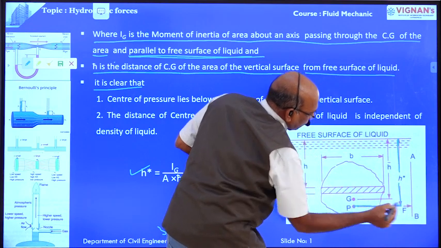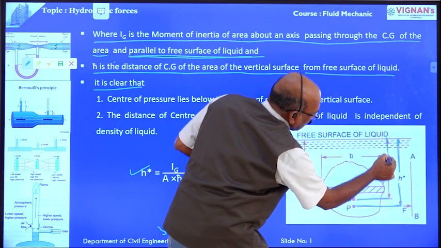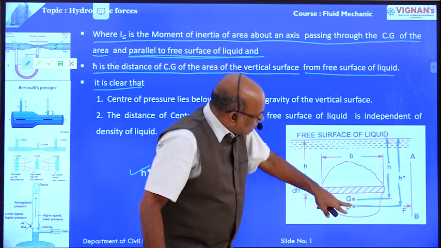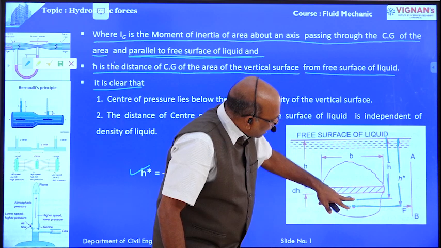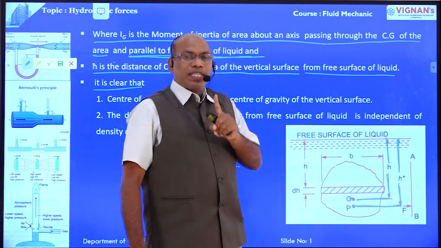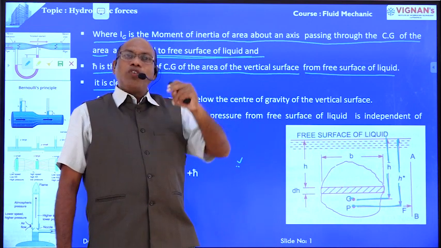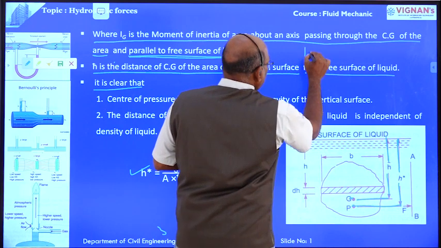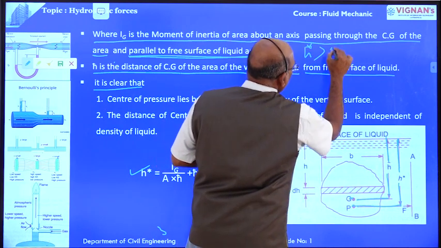Therefore, the center of pressure lies below the center of gravity. We learn one point here: the center of pressure is always below the center of gravity, so h star is always more than h bar.